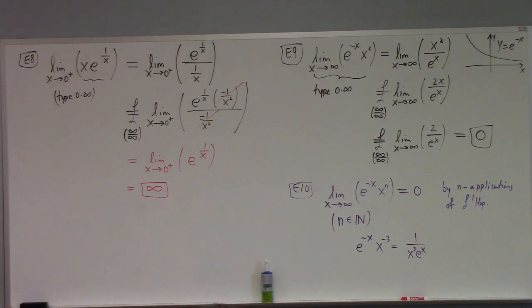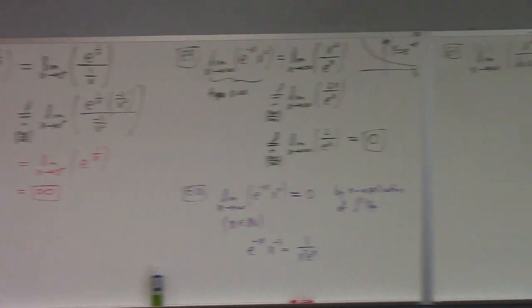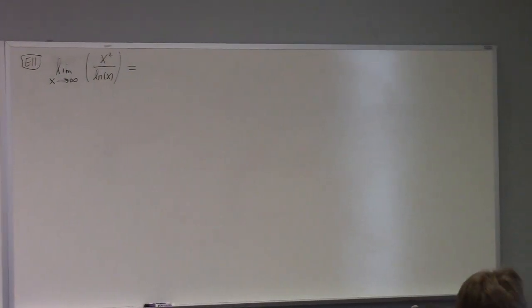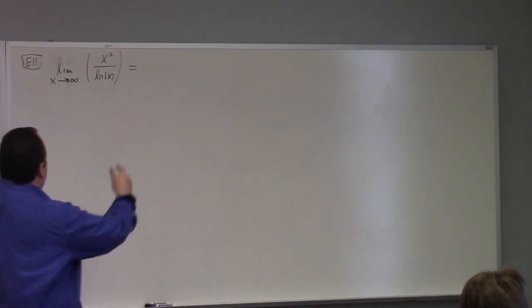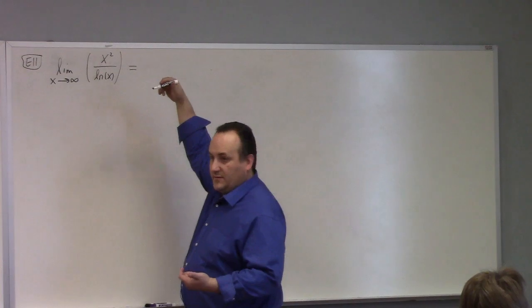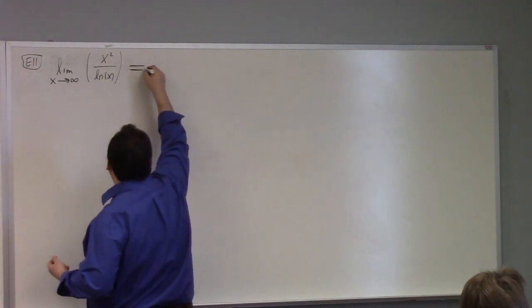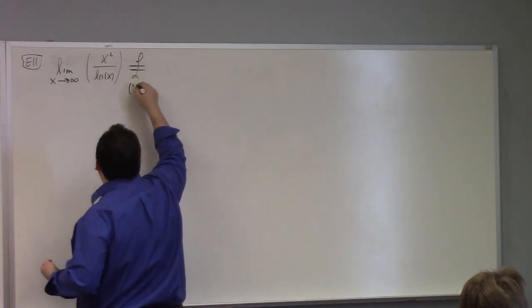Let's work it out. L'Hopital's rule is the hammer to hit this nail with, right? I think it's already infinity over infinity, so we can apply L'Hopital's rule from the outset. No algebraic trickery needed.